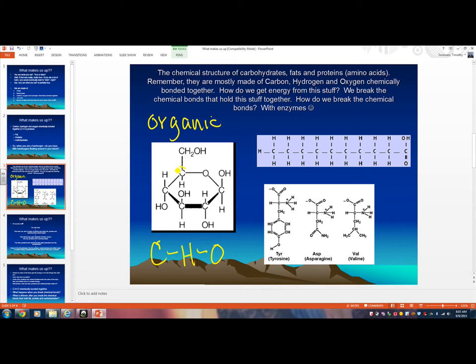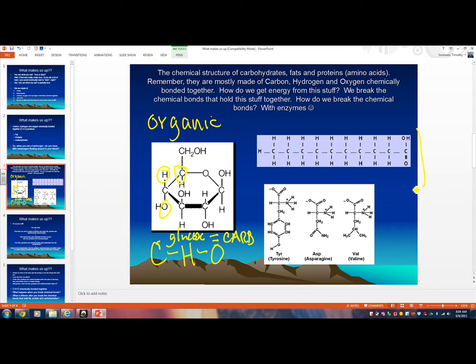So if you see here, you've got a carbon, a hydrogen, and an oxygen chemically bonded together. So this is organic. This little chemical, and you don't need to know the chemical formula or structure. This guy is glucose. And glucose is an example of a carbohydrate.